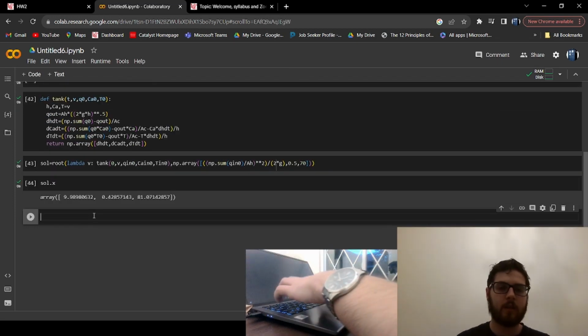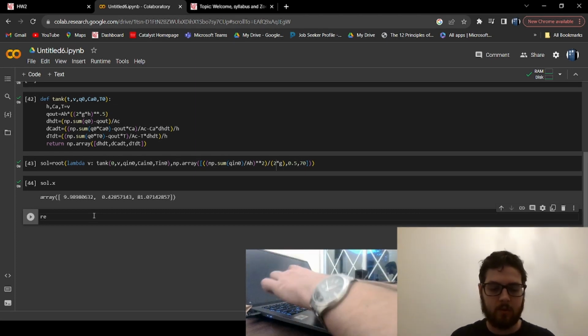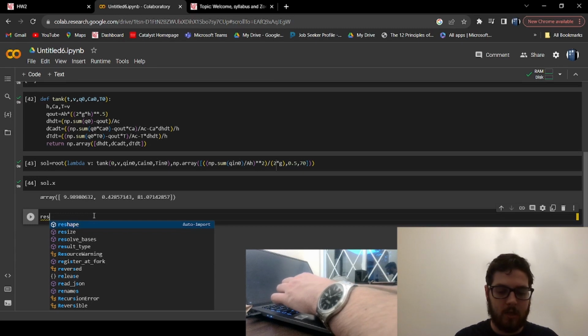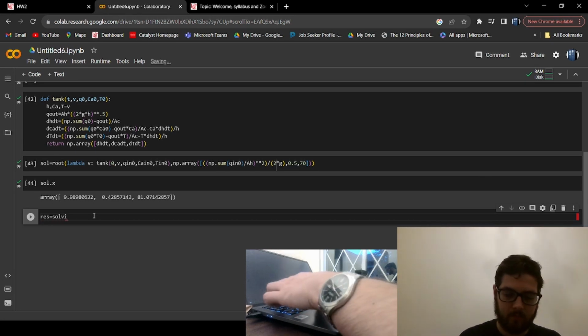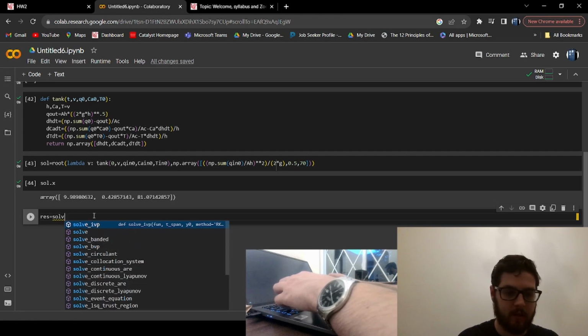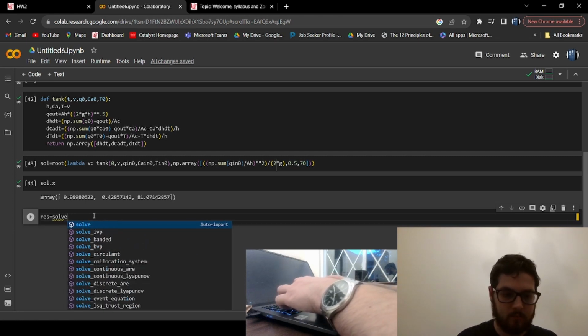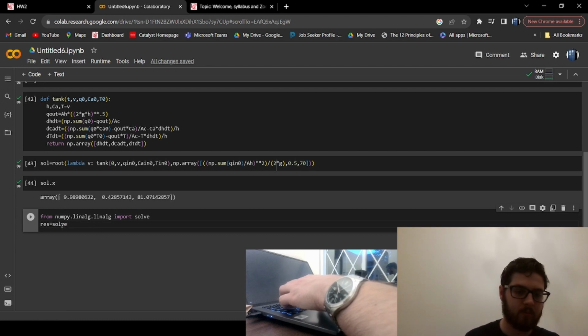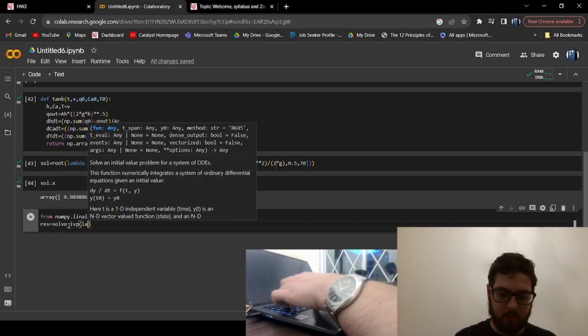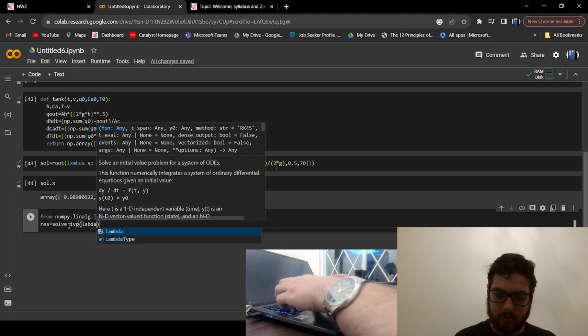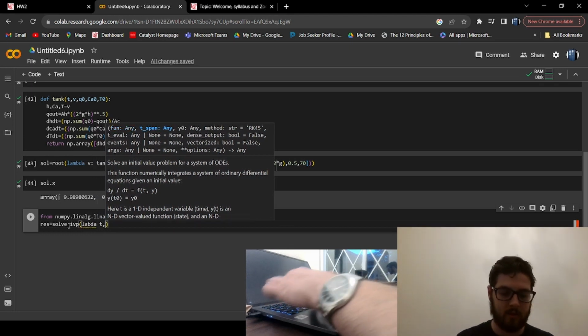All right. So now that we have that initial steady state done, we need to start graphing this stuff out as it changes. So the result is going to be equal to solve_ivp, because we don't just want an initial value, we do want the initial value. And we want it to be lambda of t and v, because we actually want time here.